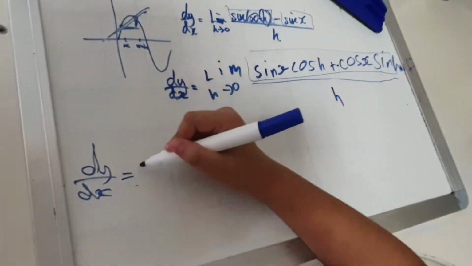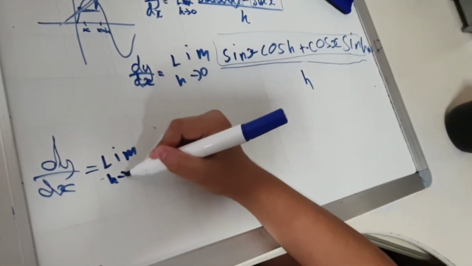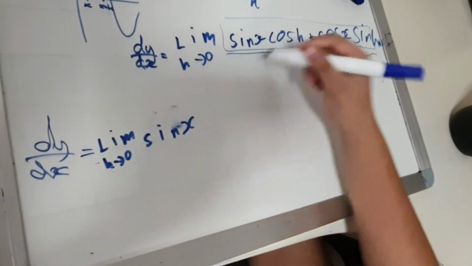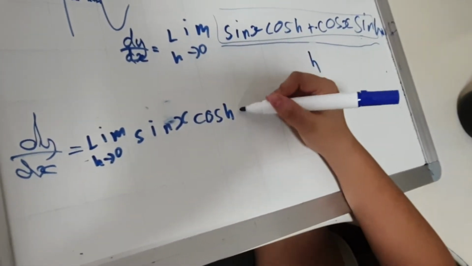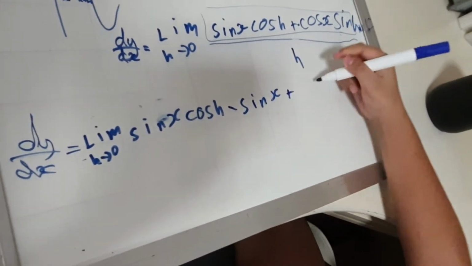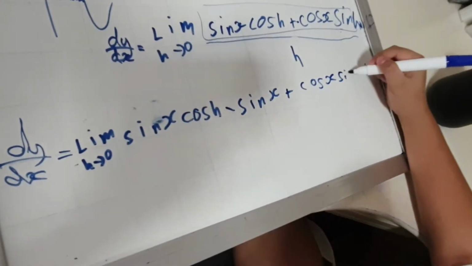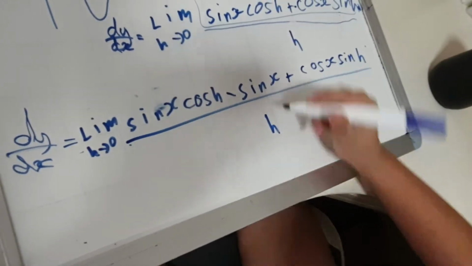And write it small as well, because we're going to run out of space. Okay, and then you just put this, cos of h, and then minus sine x, and plus cos x sine h, all over h.